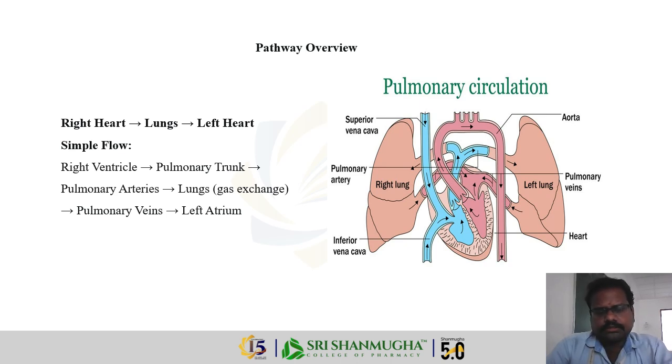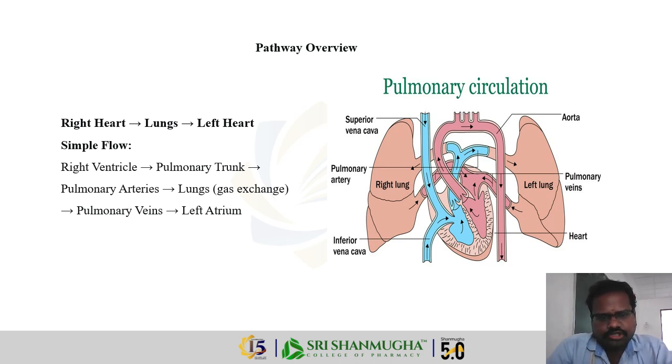As we have seen, this happens only between the heart and the lungs. So how does the flow go? From the right ventricle it goes into the pulmonary trunk. The pulmonary trunk transfers the blood to the pulmonary arteries, which get into the lungs, where gas exchange happens.